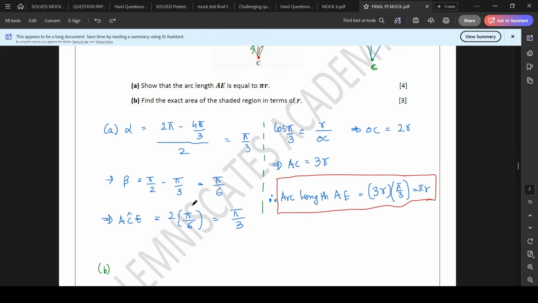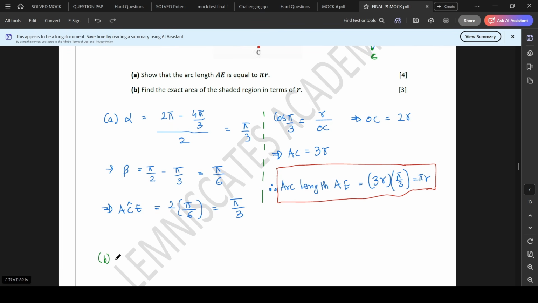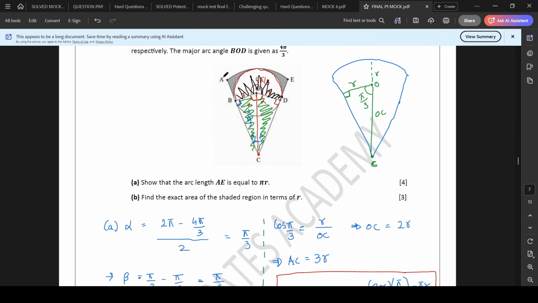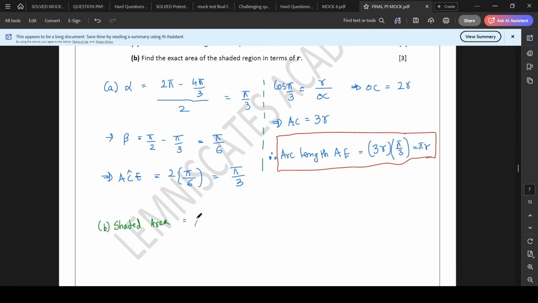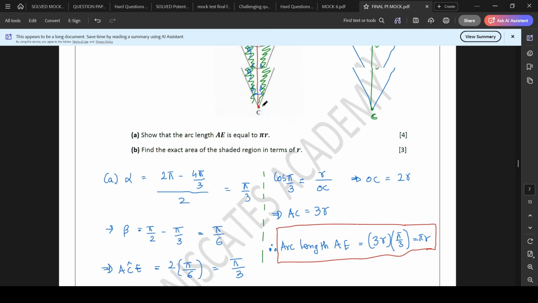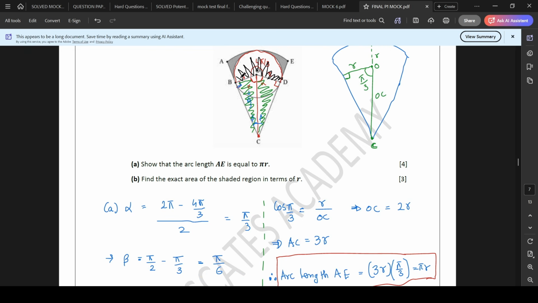So how do you write this kind of thing? I'll just write that the shaded area will be equal to the area of the sector ACE minus, what am I going to minus? The addition of the areas, the 2 times the triangle and the major arc.